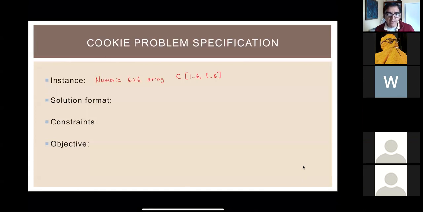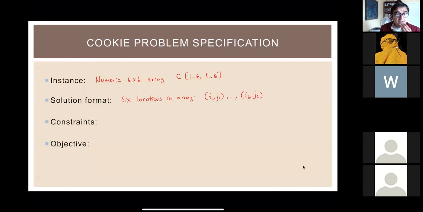A numeric array of cookie sizes, that's our input. And the solution format is going to consist of 6 cookies, so 6 locations in the array. Let's say we call them I1, J1, all the way to I6, J6. Each of them is a location in the array.